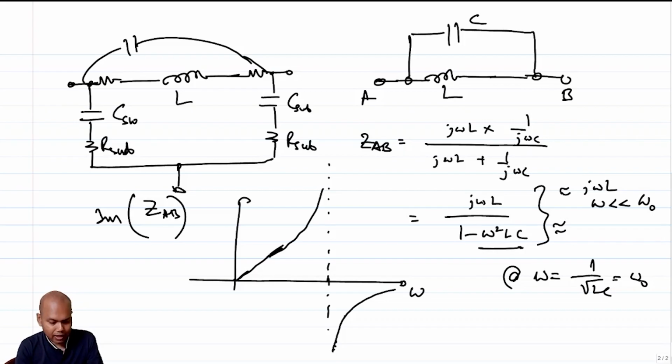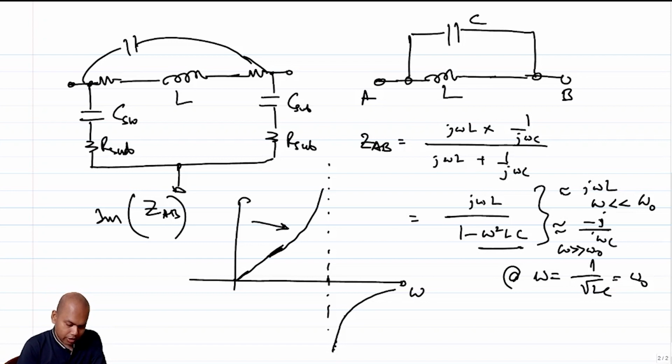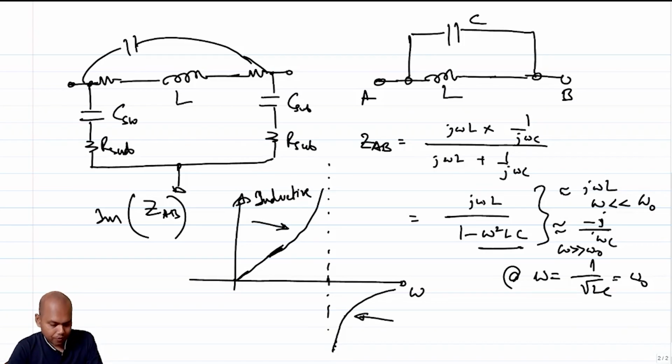So omega L will cancel, and you will end up with 1 by j omega C, or in other words, minus j by omega C, at omega much greater than omega naught. So in this region your impedance looks like an inductor, so this is inductive, and in this region your impedance looks like a capacitor.